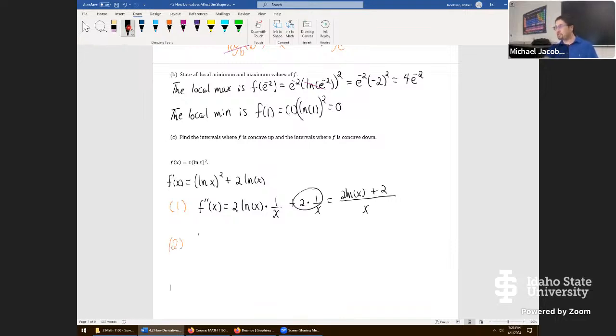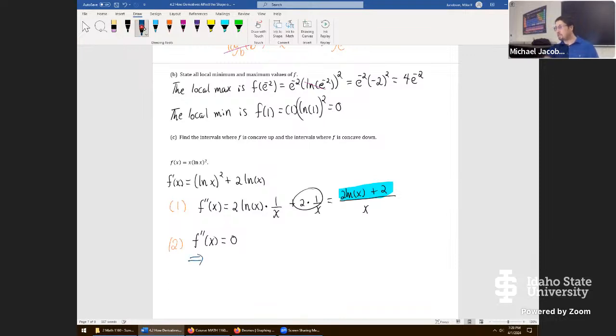The next thing you immediately want to do is take your second derivative, f double prime of x, set it to 0 and solve. This is just like the critical number step, but it's not the critical number for f this time. That's a critical number for f prime instead, since the derivative is 1 higher. Now, the only way that this could ever potentially be true, because we're looking at a fraction, is if the numerator goes to 0.